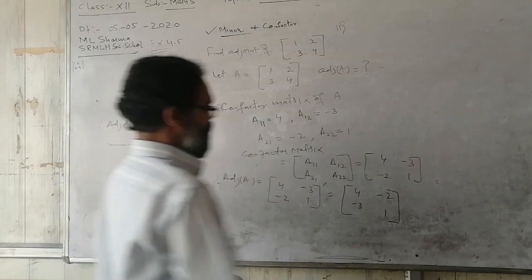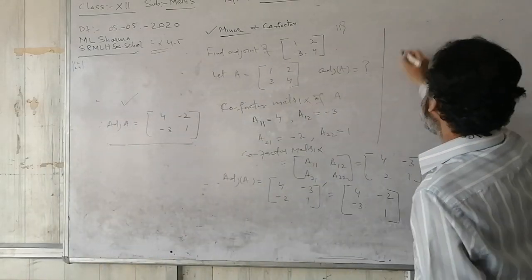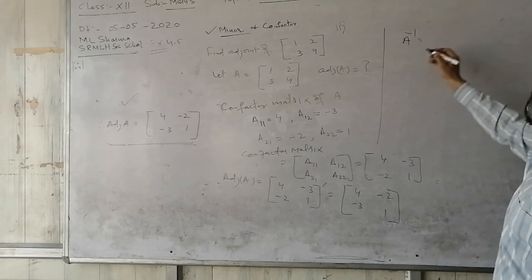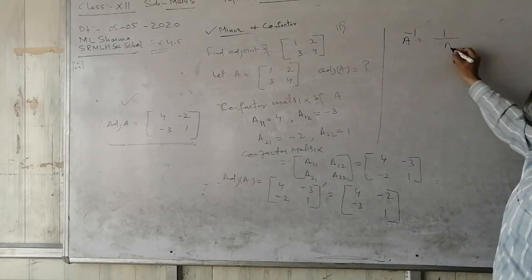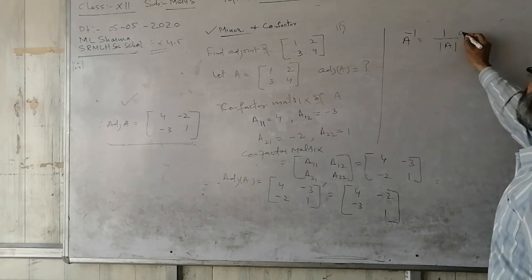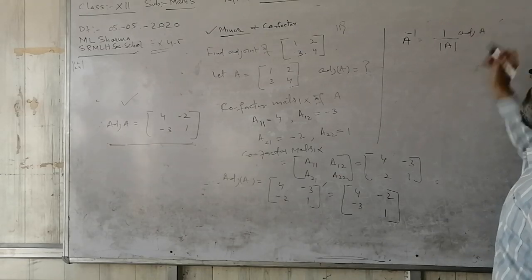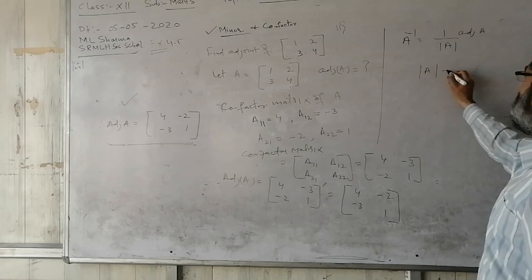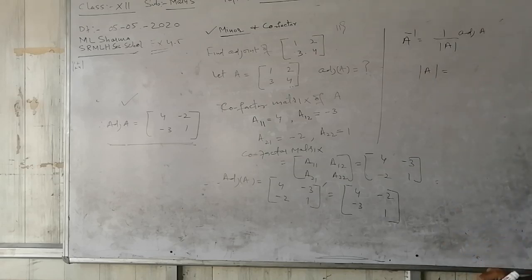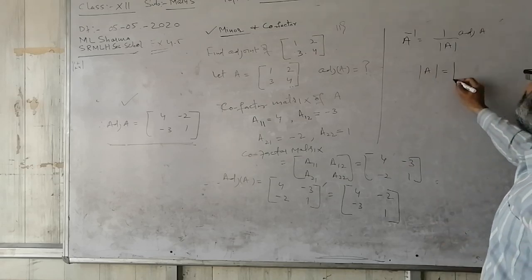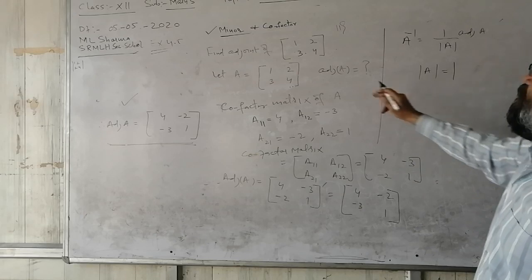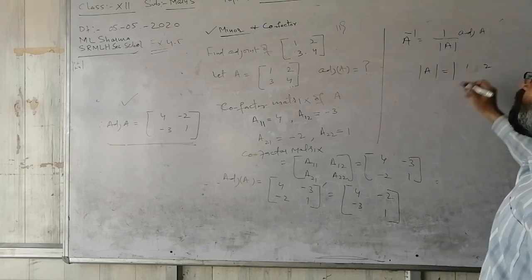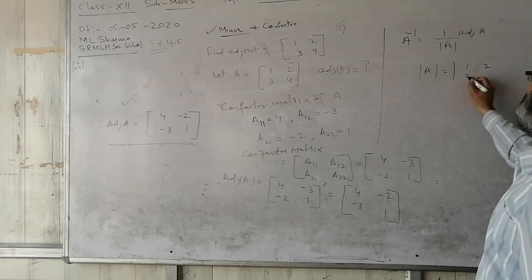So I can also find the inverse of this matrix, which is given by this formula: A inverse equals 1 upon determinant A into adjoint of A. So for this, first I will find determinant A. Determinant A will be equal to 1, 2, 3, 4.